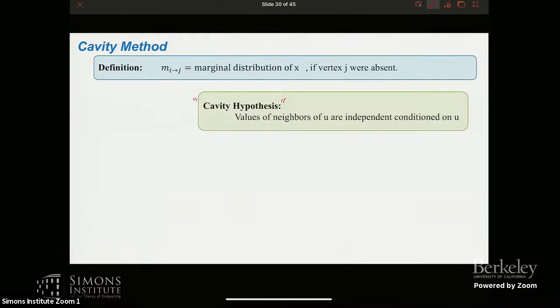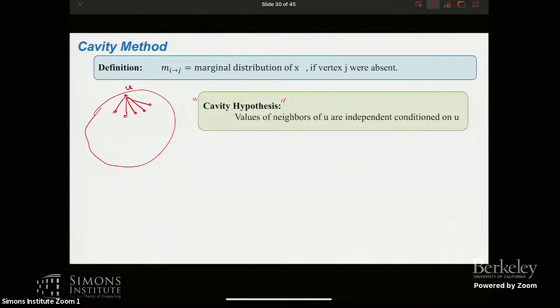Okay, so why is such a thing true? Well, the reason you'd hope such a thing is true in all our problems is that if I look at a graph, at the vertex u and all its neighbors, as we saw in the beginning of the last lecture, the neighborhood of every vertex looks like a tree, meaning all the cycles are long.